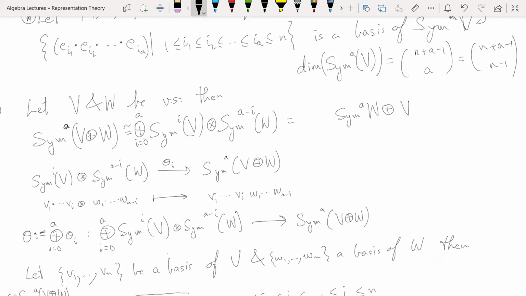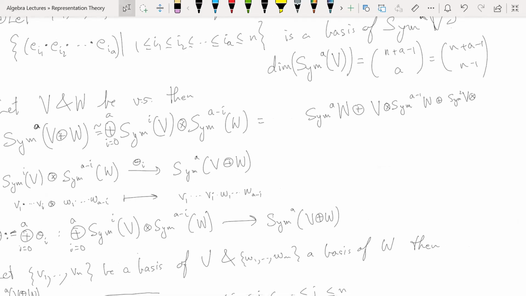Then V tensor Sym^{A-1} W, plus Sym^2 V tensor Sym^{A-2} W, and so on.